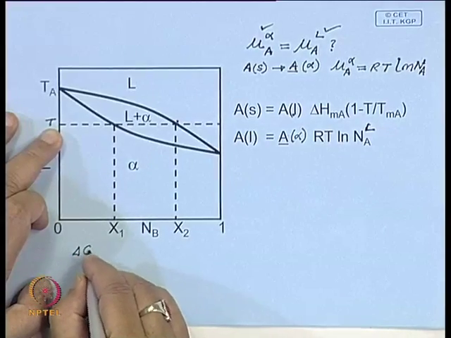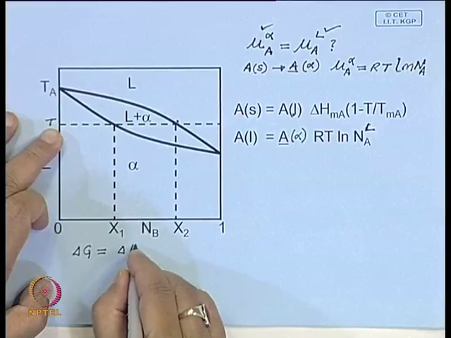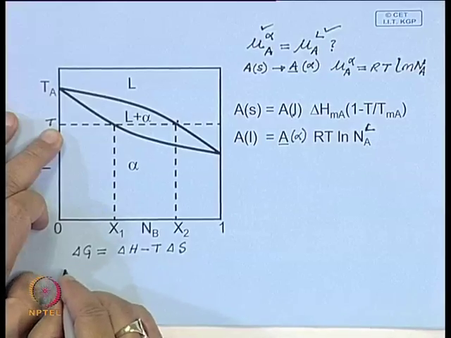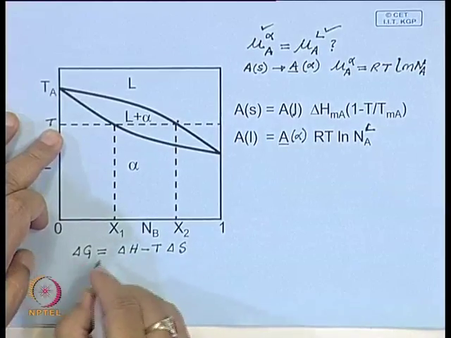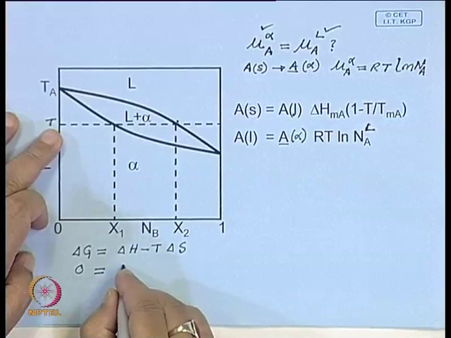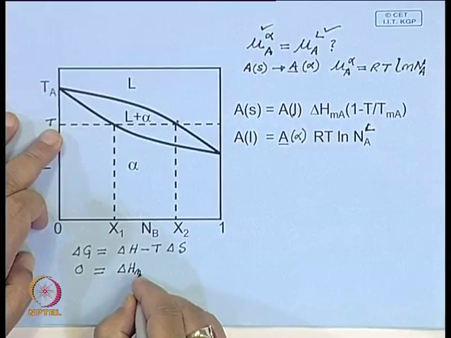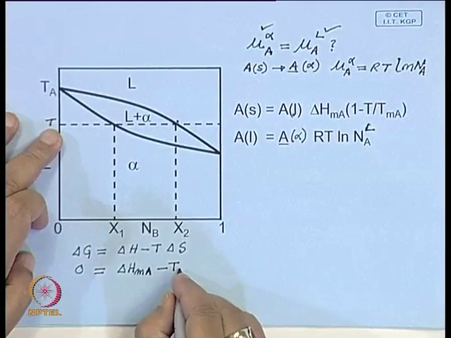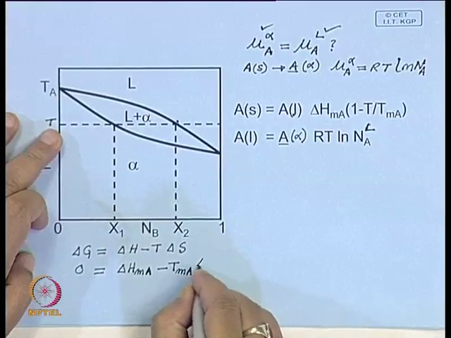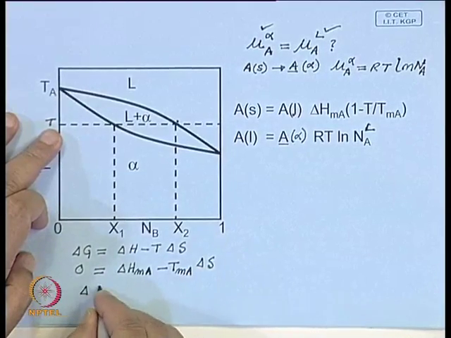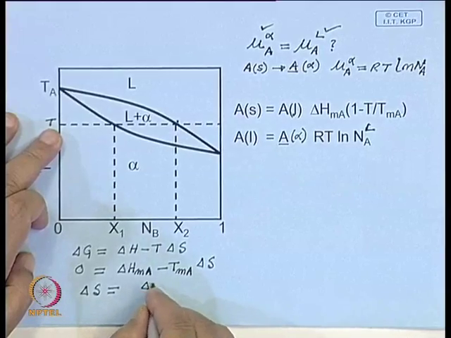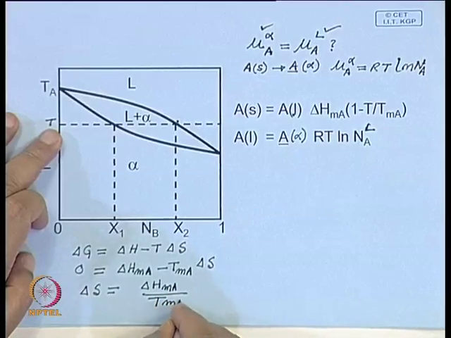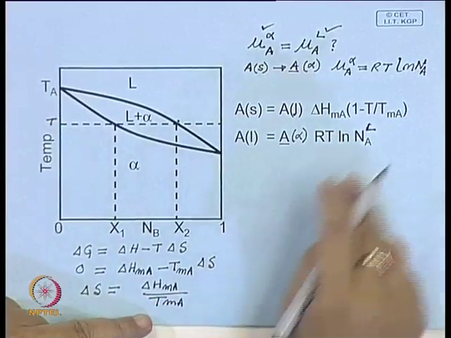We know that free energy is made up of two components, delta G equals delta H, enthalpy, minus T delta S. Now, at the melting point of pure A, delta G is 0, and delta H is the enthalpy of melting of A, minus the melting point of A times delta S. So, you can calculate that delta S equals delta H m A over T m A. This is what you substitute here.